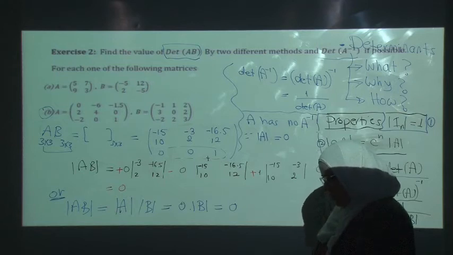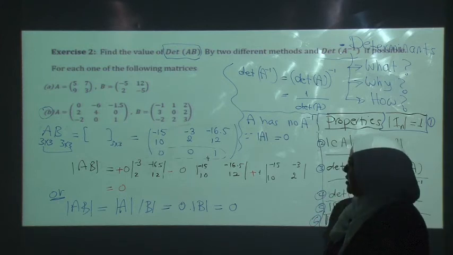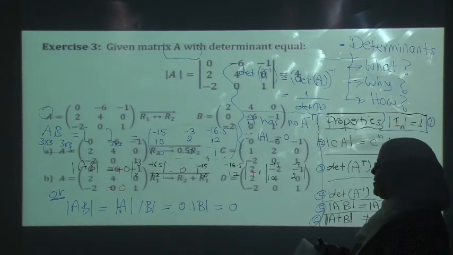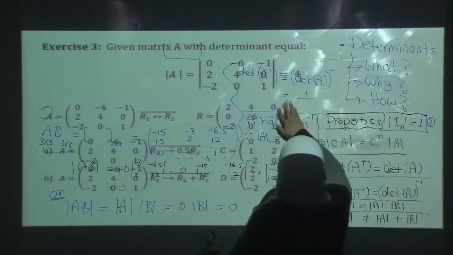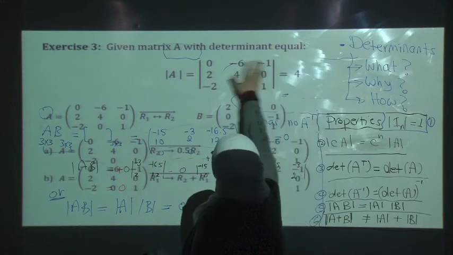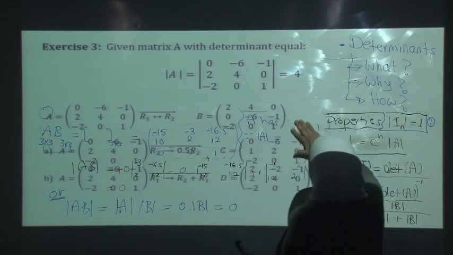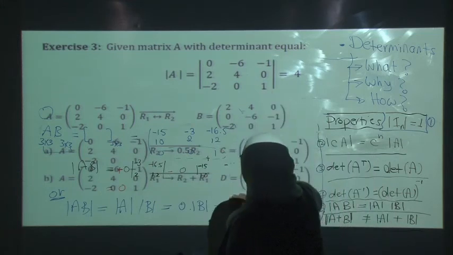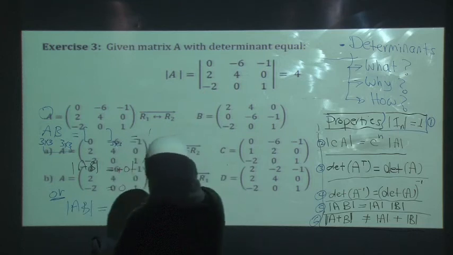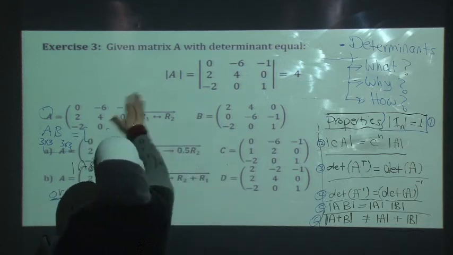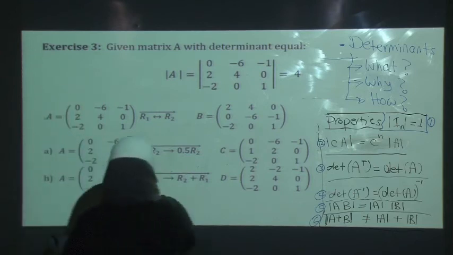Let's move to a different exercise to discuss more about the determinants. This is a completely different exercise. We are given here the determinant of a matrix A, and then we are asked to find the determinant of other matrices where an elementary row operation happened.